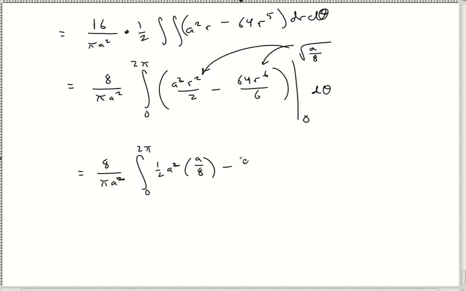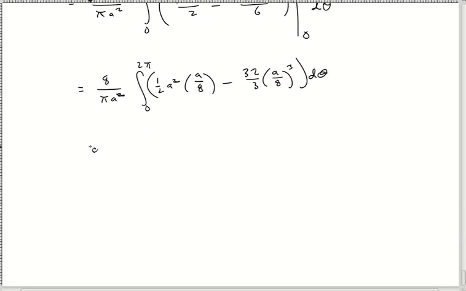You could also do this in the front just a tiny bit. That's 32 over 3. And so then we got a over 8 all cubed. And then the 0 would have canceled. D theta. You know that 2 pi, you can just go ahead and toss it in the front now, and it'll start to cancel stuff. Okay.